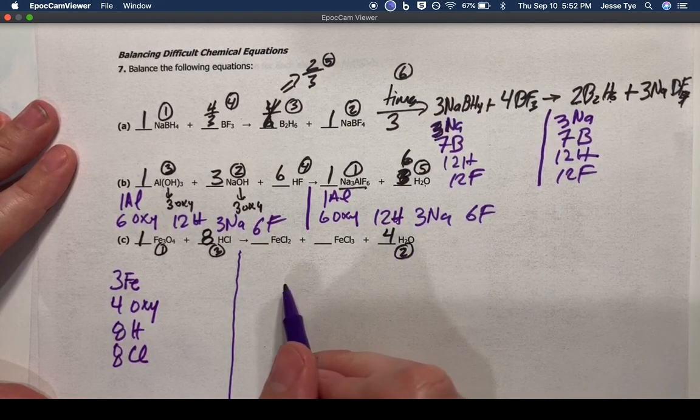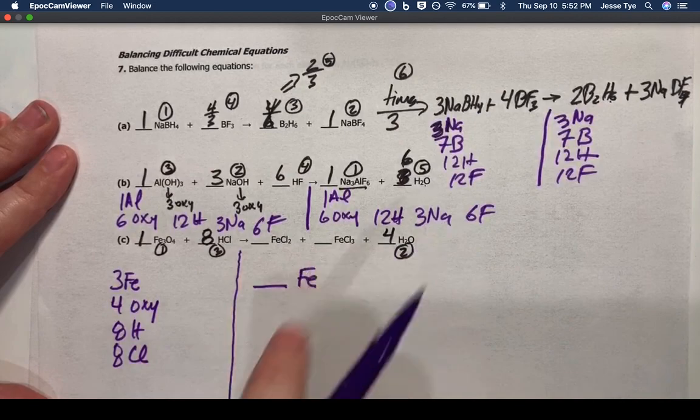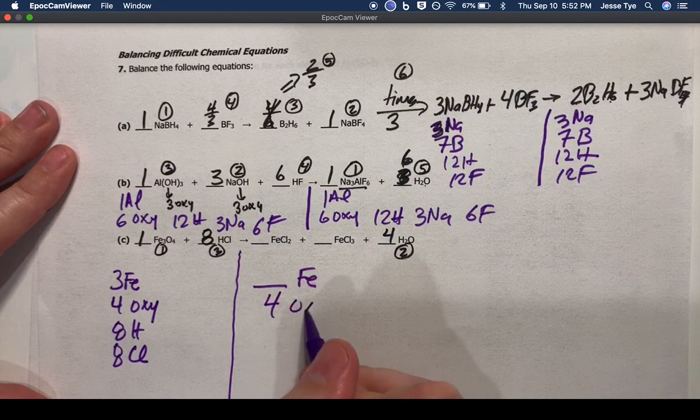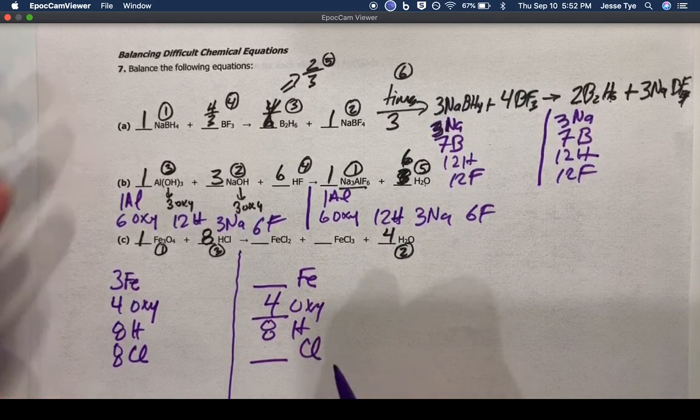Over here thus far, we haven't committed to irons yet because the iron's still in play. We have committed to 4 oxygens. We have committed to 8 hydrogens. And chlorines, we haven't put any numbers there. So chlorine is also still in play.